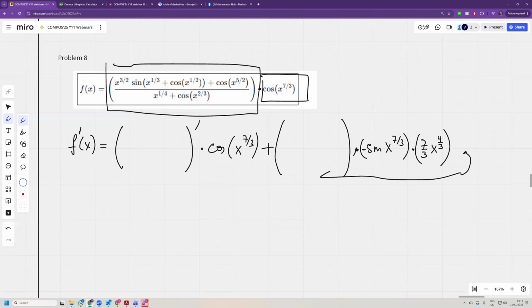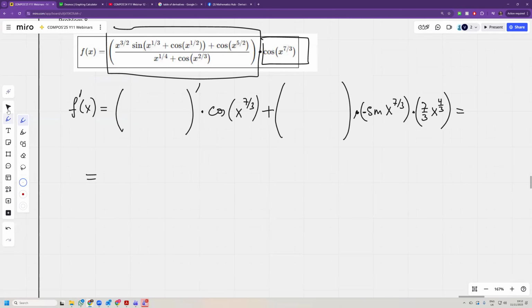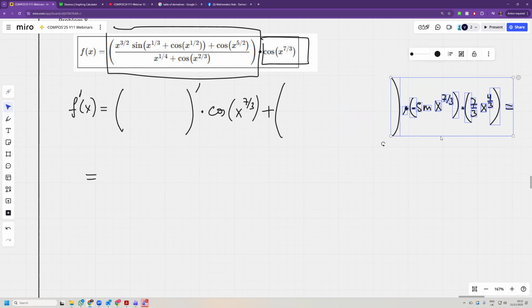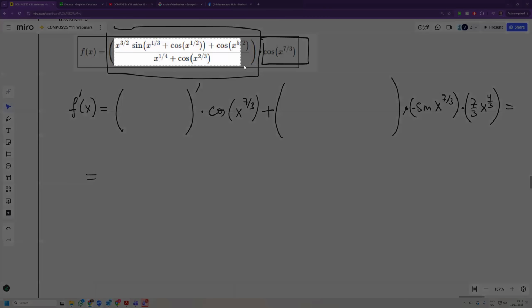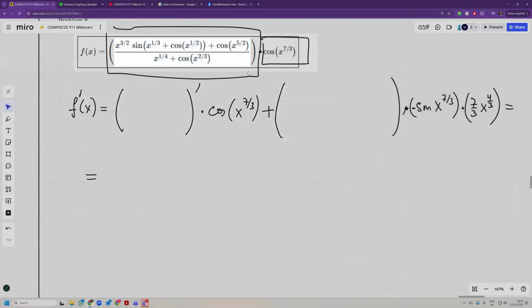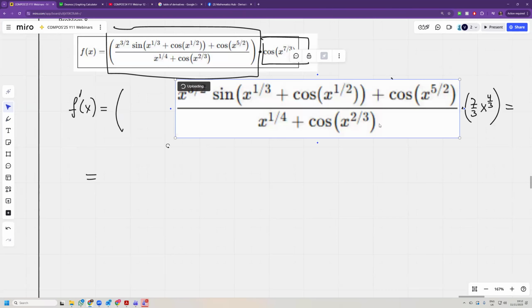Okay. Now I don't need to do anything here because I've already found the derivative for this bit. So I can copy that here.